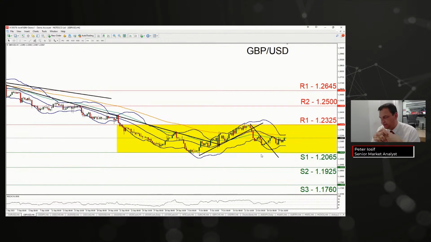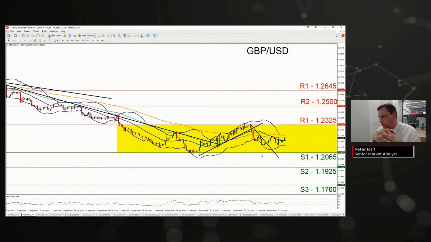It's clear that the R1 and the S1 tend to act as upper and lower boundaries respectively for the sideways motion here. I would be highlighting here also another difference in comparison, say for example with Euro USD, where the RSI indicator does not seem to be deviating from the reading of 50. It's actually running along it.